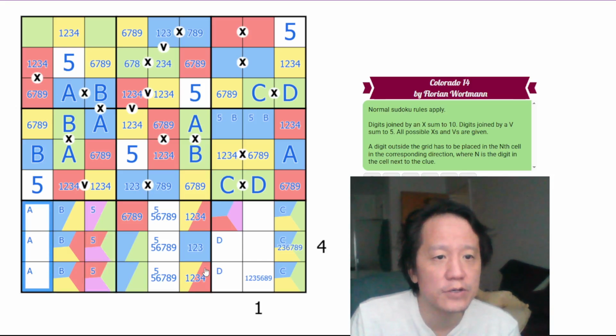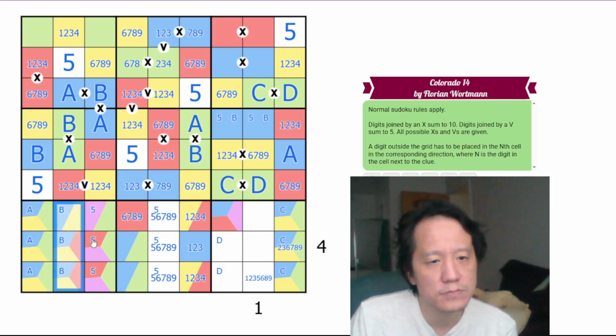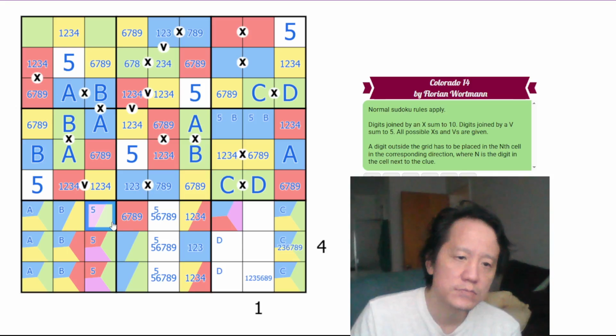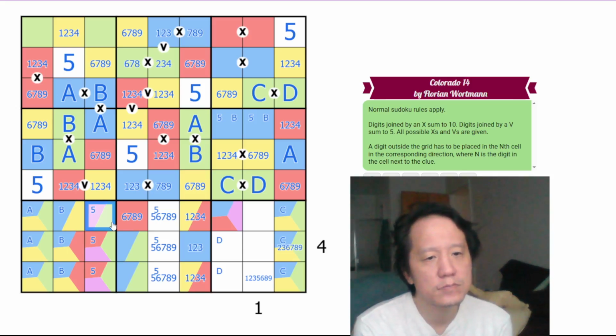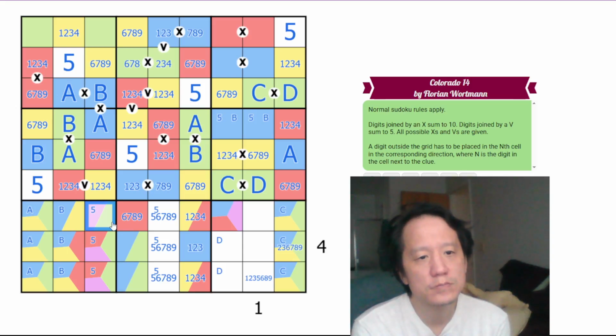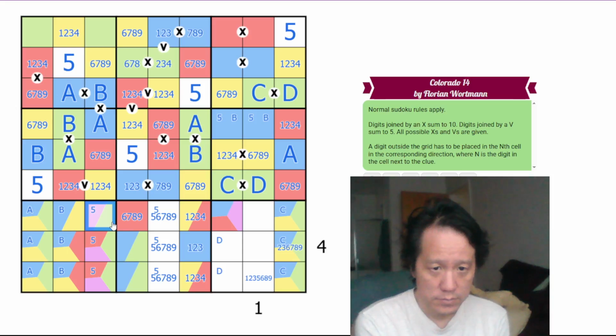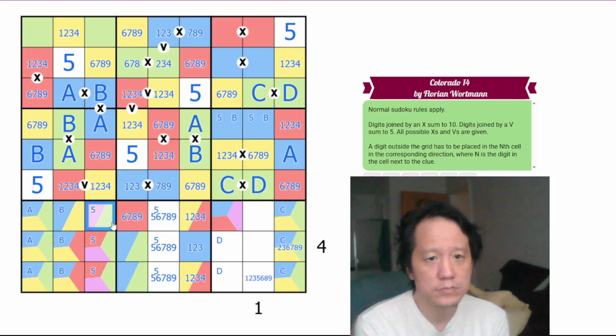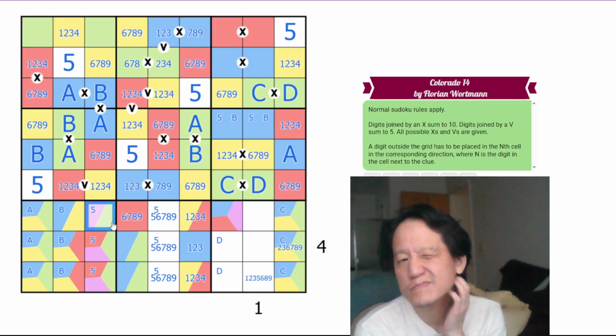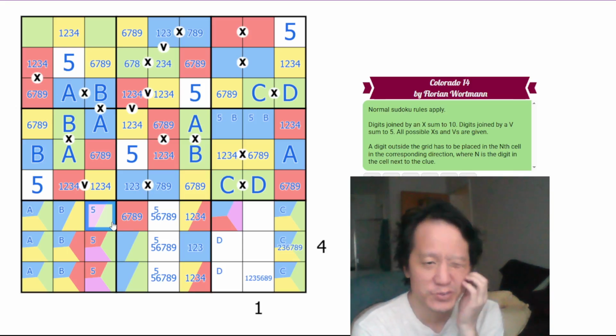What's left here is we have a low yellow, a blue, and a green. That doesn't really tell us much.